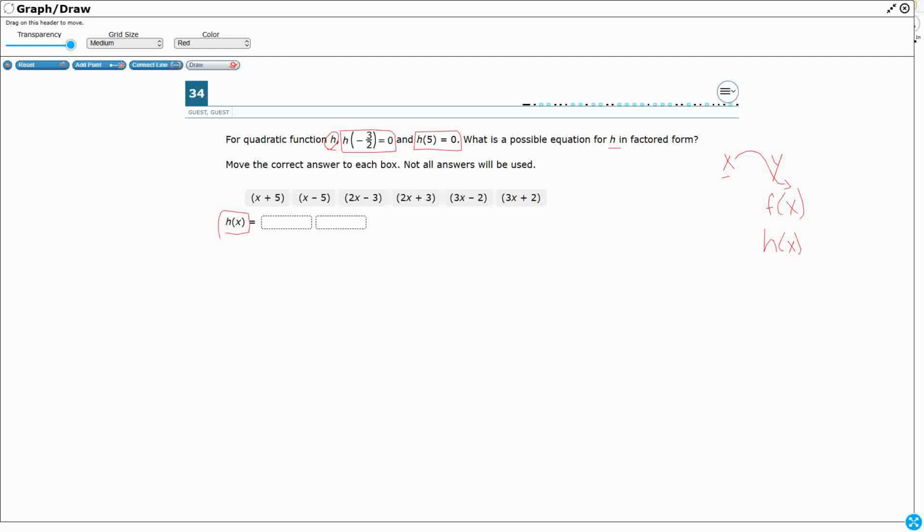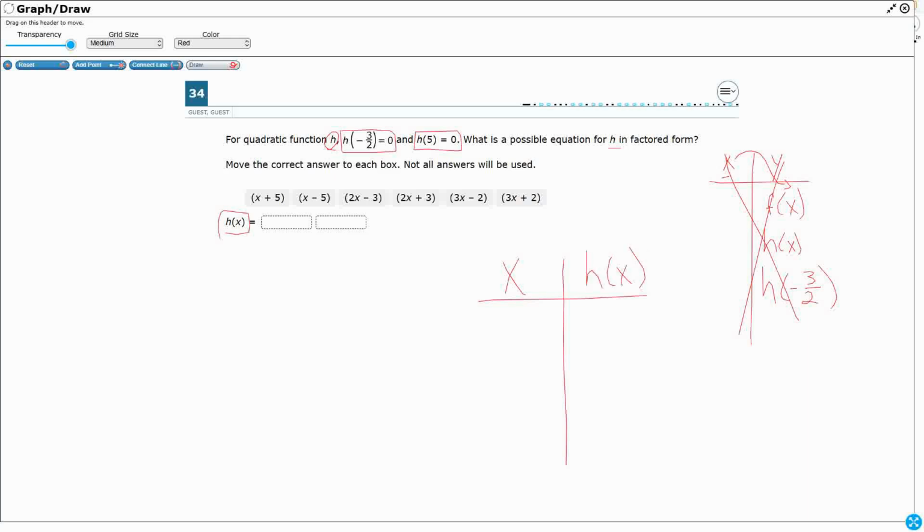So we've got two different values. Instead of h of x, we've got h of, let's start with that first one, negative 3/2. If we put that into a table, I'm going to create a new table where we've got our x and we've got our h of x.